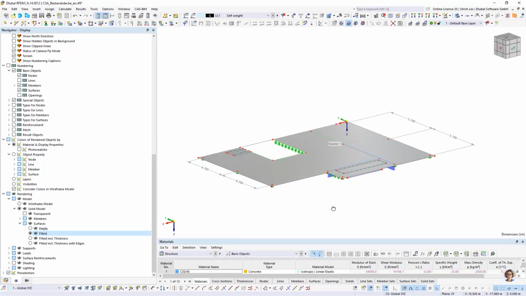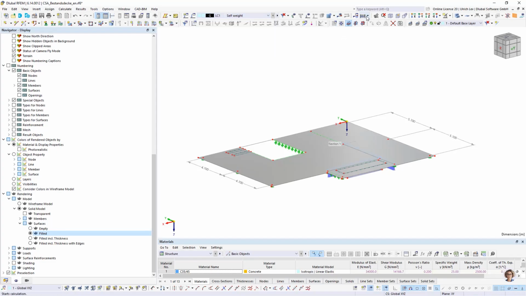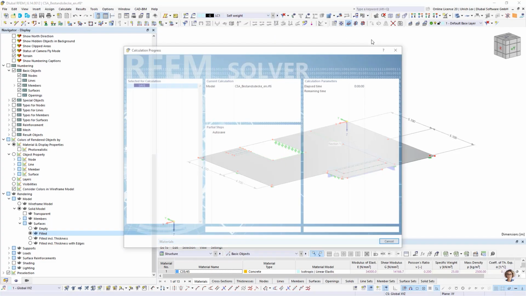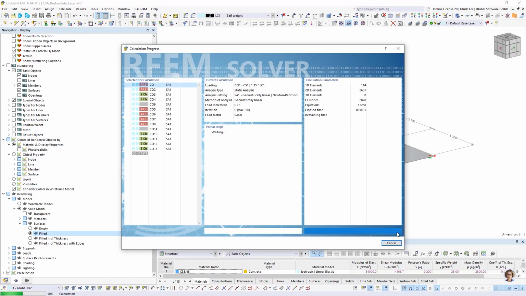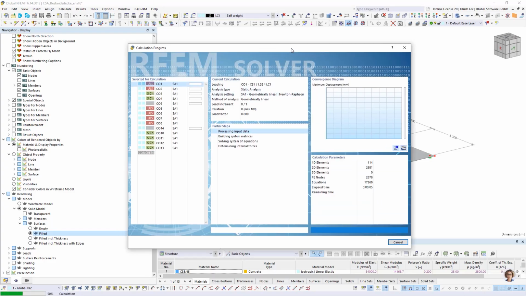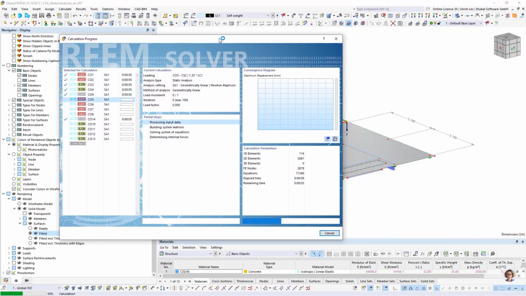Okay, then we can compute again. Here's a concrete design. And we can take a look if there is something changed.